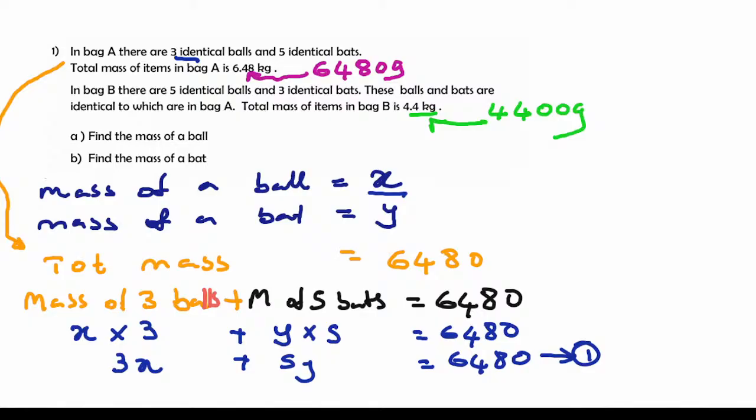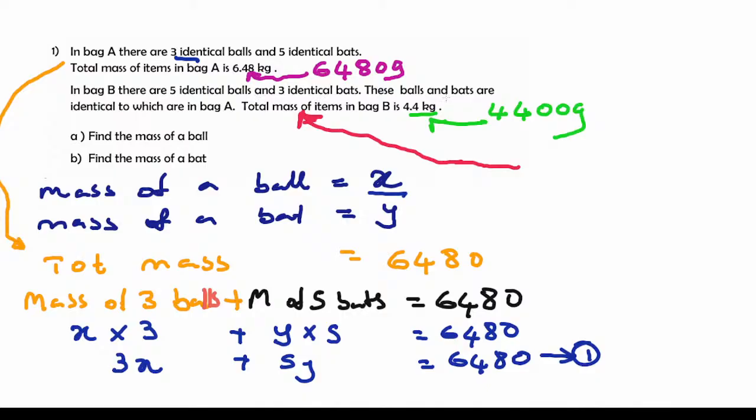So now let's look at the story that is told about bag B. There are balls and bats. Can I consider the mass of a ball in bag B as x? Let's see whether it can be. In bag B, there are five identical balls and three identical bats.